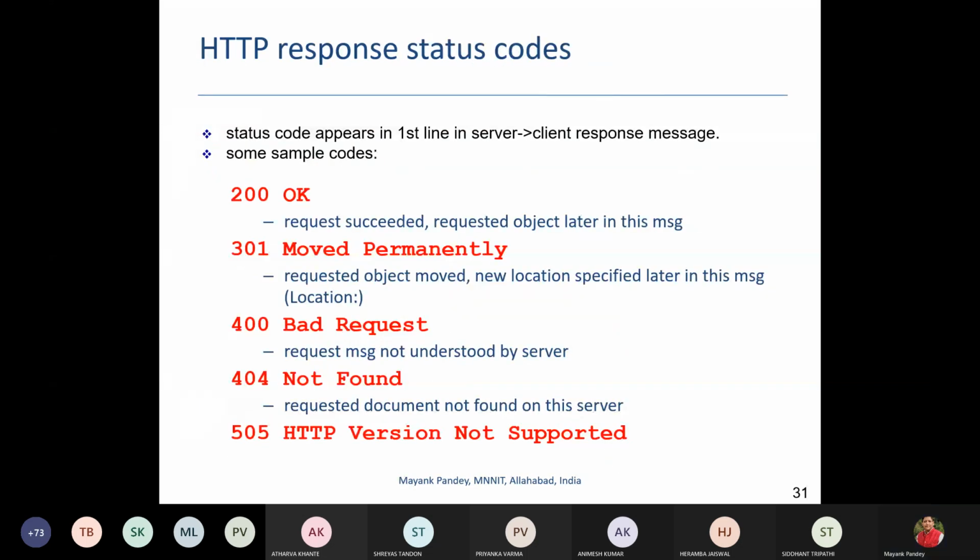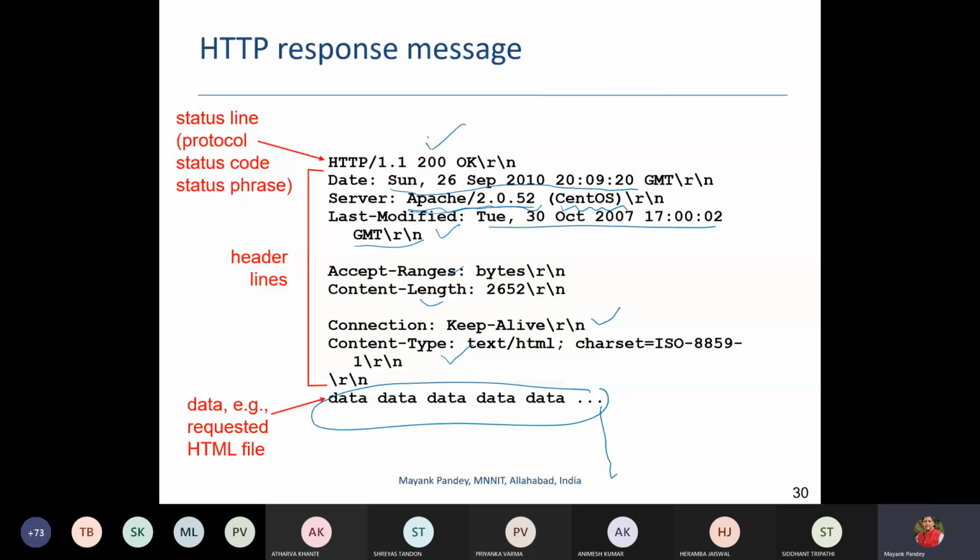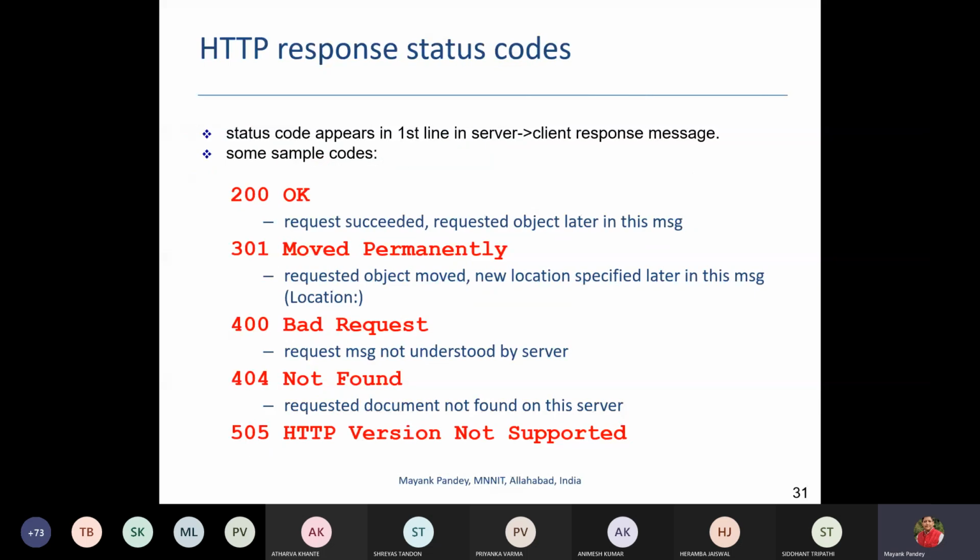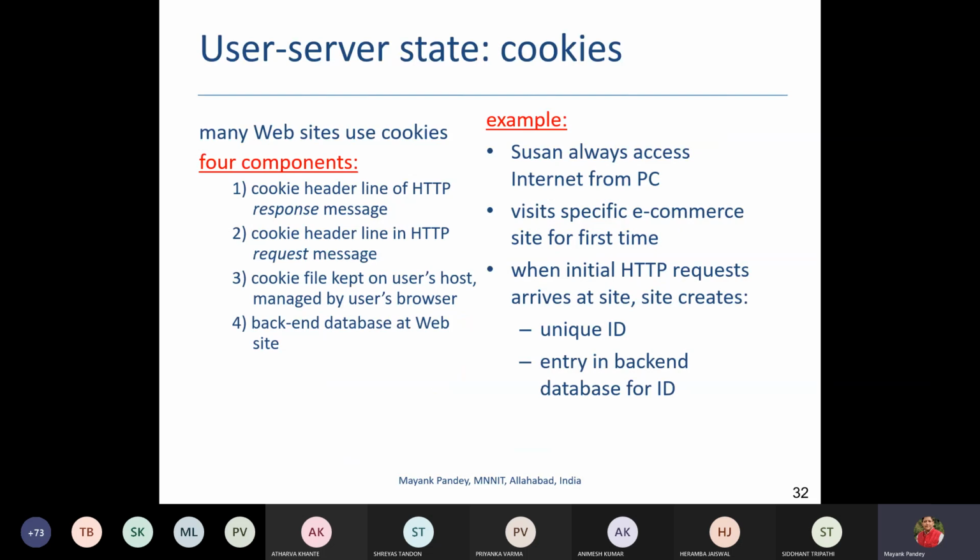Fine. Some status codes will come, and a status phrase will also come. You might have seen these: moved permanently, 404 not found. These are two of the more common ones. 200 OK for OK, 400 for bad request, and 505 for the HTTP version you are trying to use not being supported by the server.